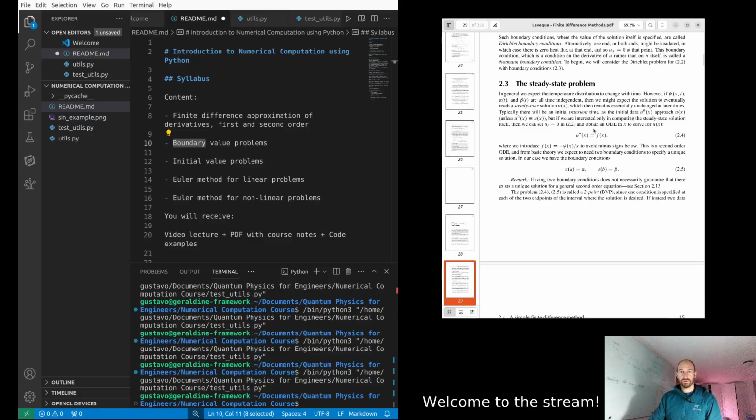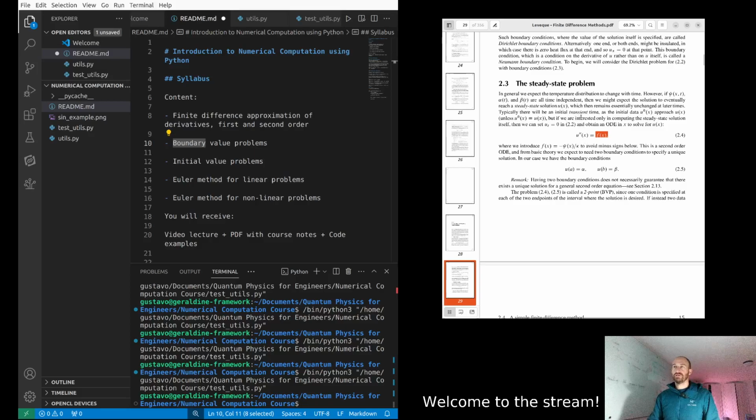For the steady state problem, the type of problems that we're going to tackle is we're going to look at the derivative of the function u equals some other function, for example.